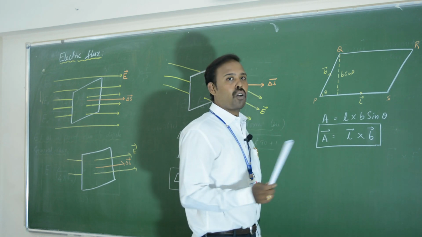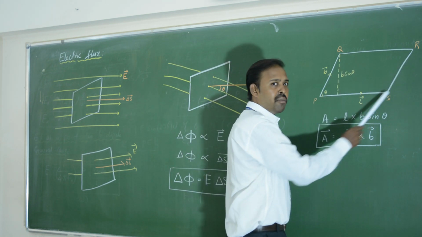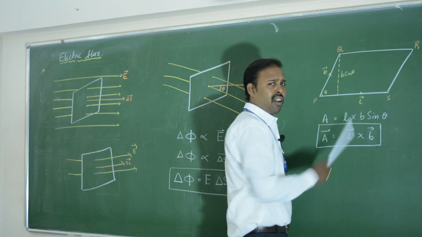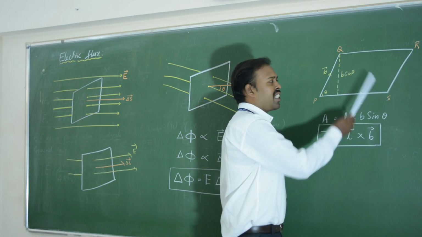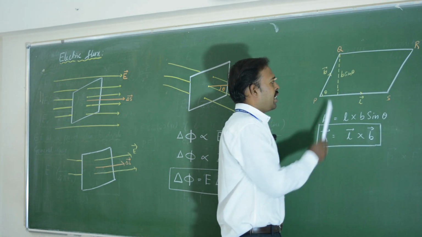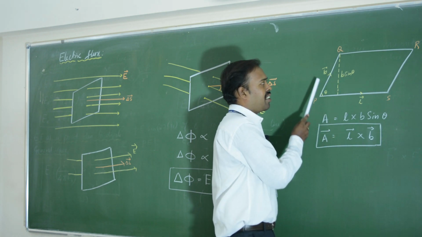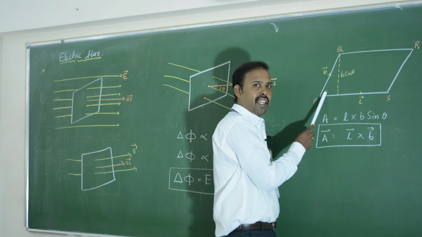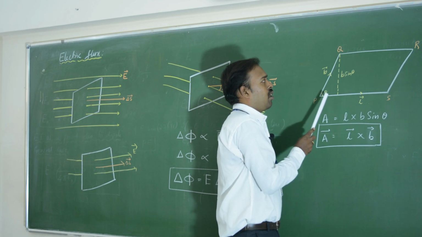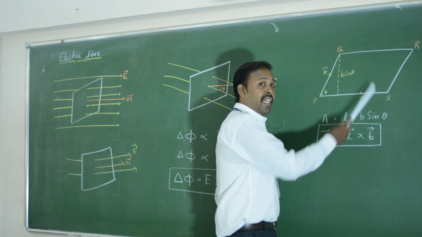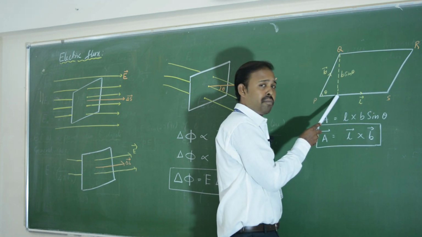For example, to know that, I have taken a parallelogram here. PQRS is a parallelogram, and I want to find its area. You see this length and this width make an angle theta here. To find its area, I draw a perpendicular here.